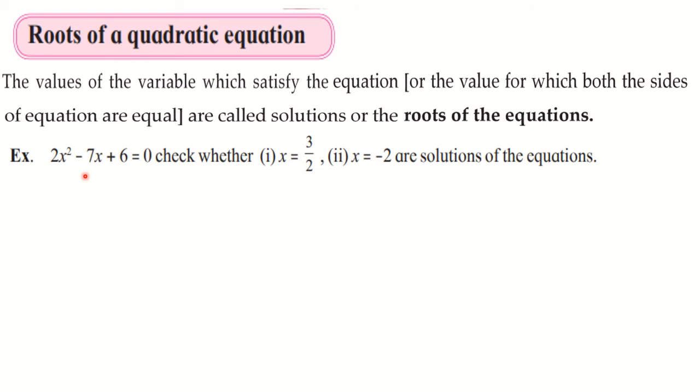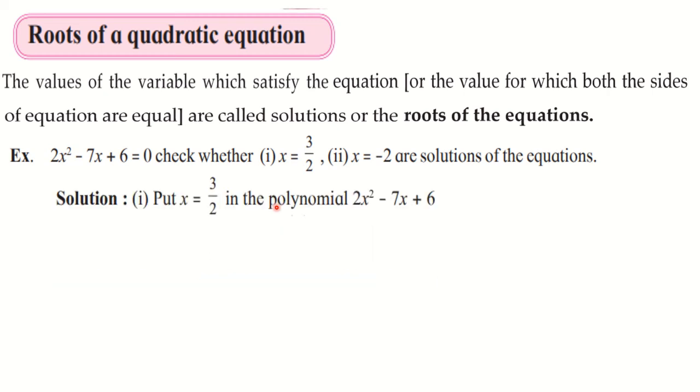So whenever these words come, you evaluate the left hand side and compare it with RHS. If LHS is equal to RHS, then the given value is a solution of the equation. If it is not, the given value is not a solution. So now let us check for the first one.